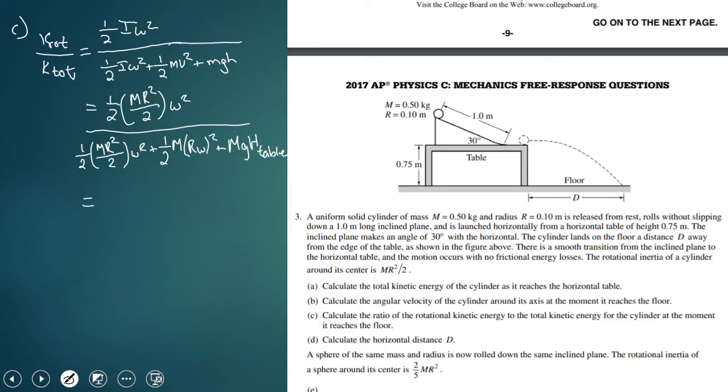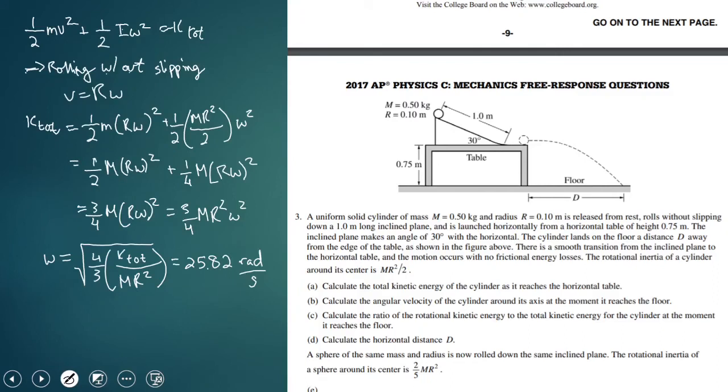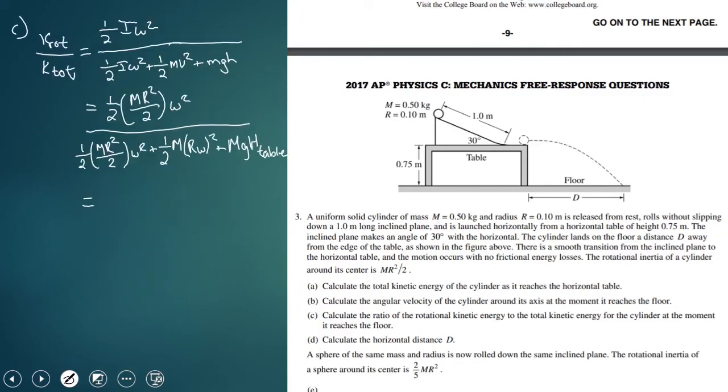And so we can rewrite this. From the last part, I know that the bottom 1/2 I omega squared plus 1/2 mv squared will simplify to 3/4 mr squared omega squared, and this top will be 1/4 mr squared omega squared.